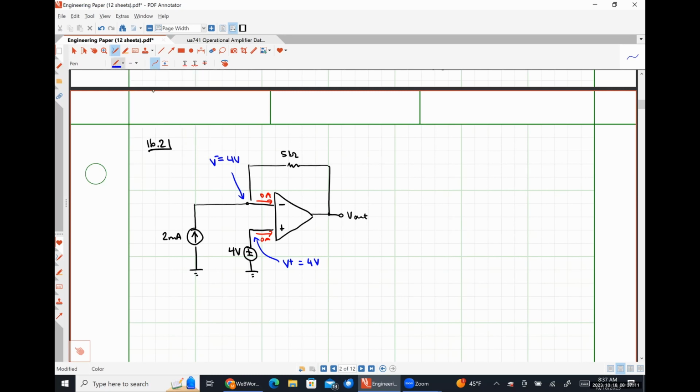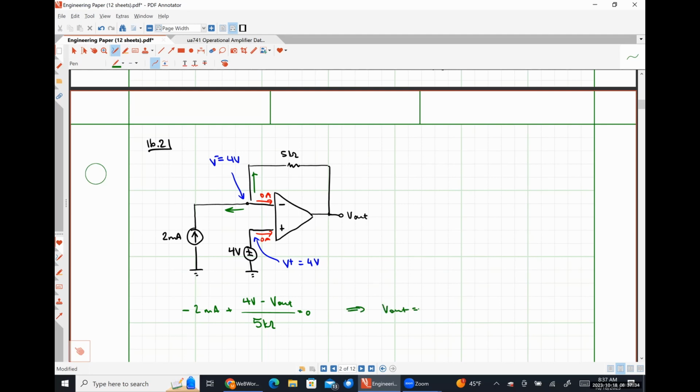Now we are going to apply Kirchhoff's current law at our inverting input node. So that's going to look like -2 milliamps plus (4 volts minus V out) divided by 5 kiloohms is equal to 0.